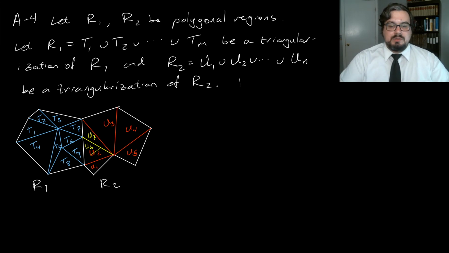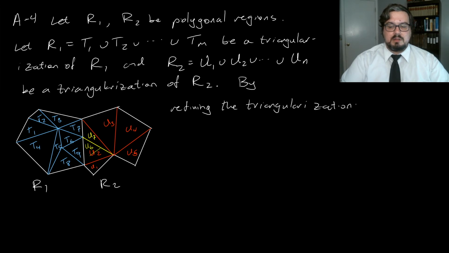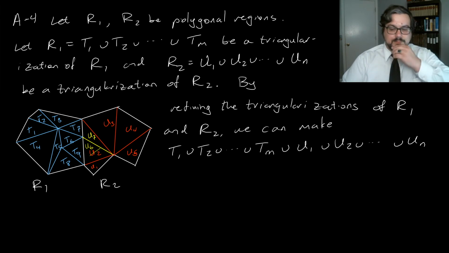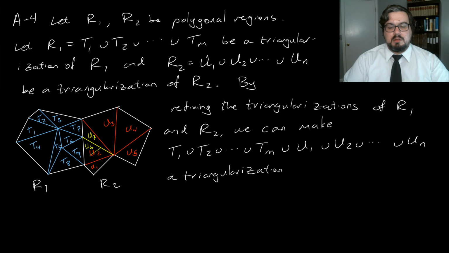All right. So by refining the triangularizations of R1 and R2, we can make the union T1 union T2 union up through Tm union U1 union U2 up through Un a triangularization of R1 union R2.